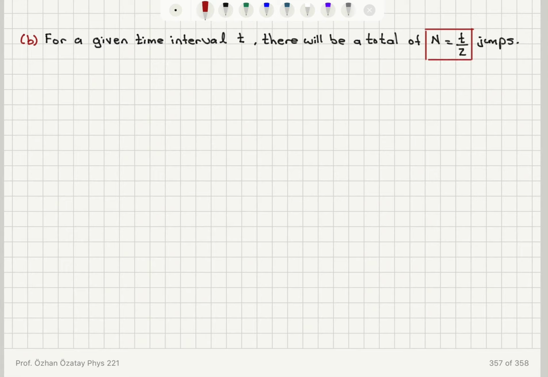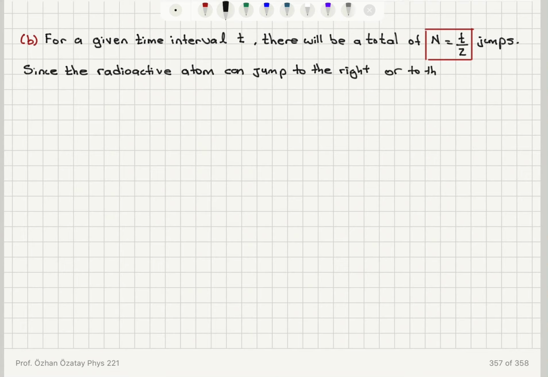And the other thing is, since the radioactive atom can jump to the right or to the left with equal probability, we will find that for the probability distribution function, probability of having an x value for the displacement is the same thing as having a minus x value for the displacement.